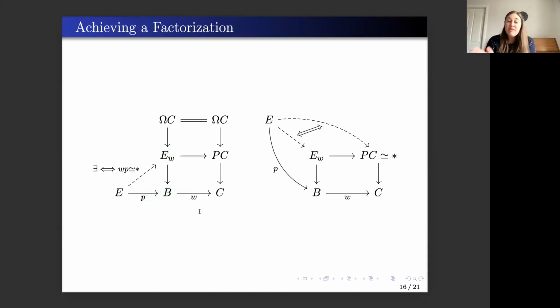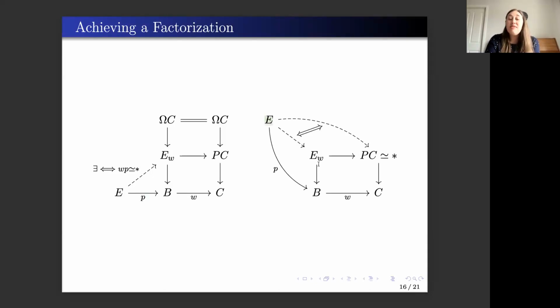Or because we're thinking of W as a cohomology class in B, we can say that a lift from E to EW exists if and only if W is in the kernel of P upper star, the map induced on cohomology. That's a really useful way of thinking about it. And the reason for that is because of the universal mapping property of the pullback. So I've just written down this diagram here to try and convince you.